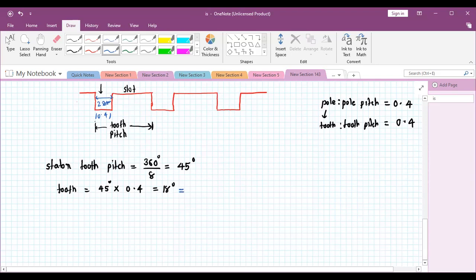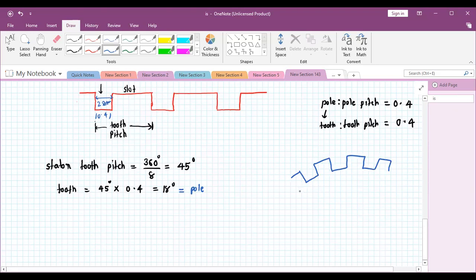Also, you can say the same thing is for the pole, because whenever there is a tooth, it means it is a pole pitch. So in terms of the degree, if I will just draw like this, you will be more clear.